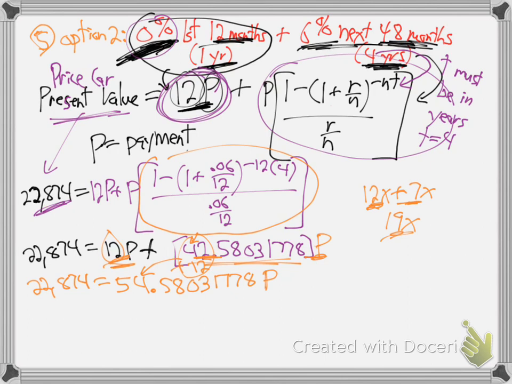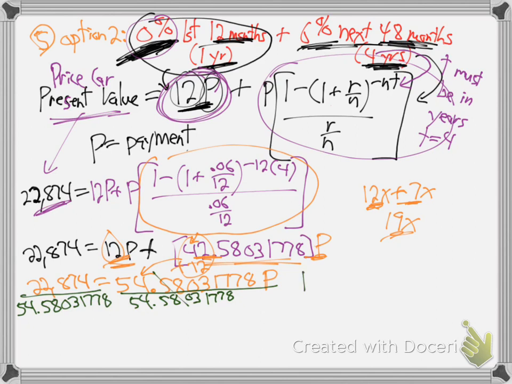Trying to solve for P. Want to find the payment. Trying to get P alone. So what can I do to get P alone? Got to divide by that 54.58031778, both sides, right? 54.58031778 cancels that out.